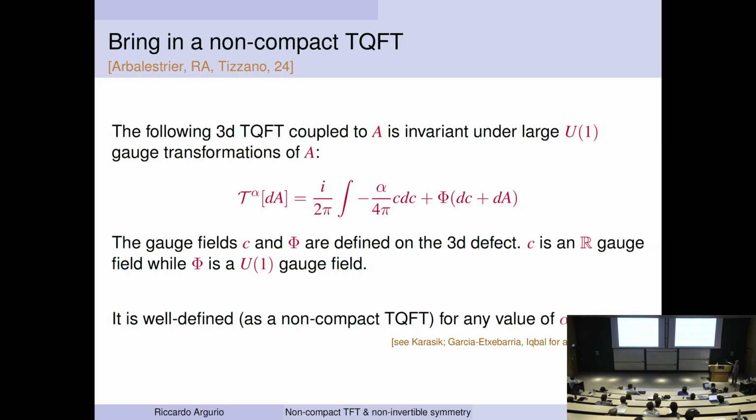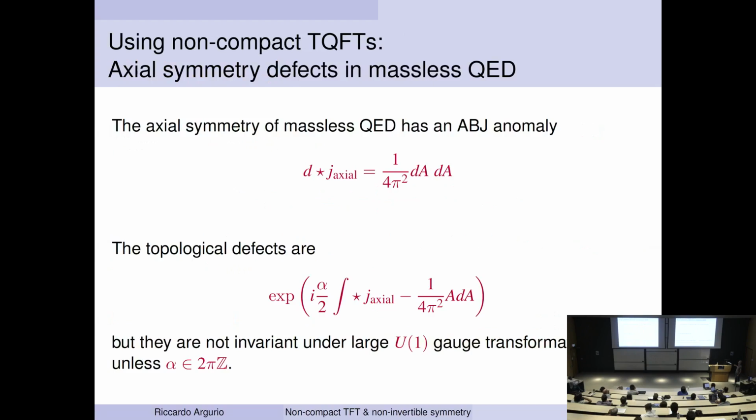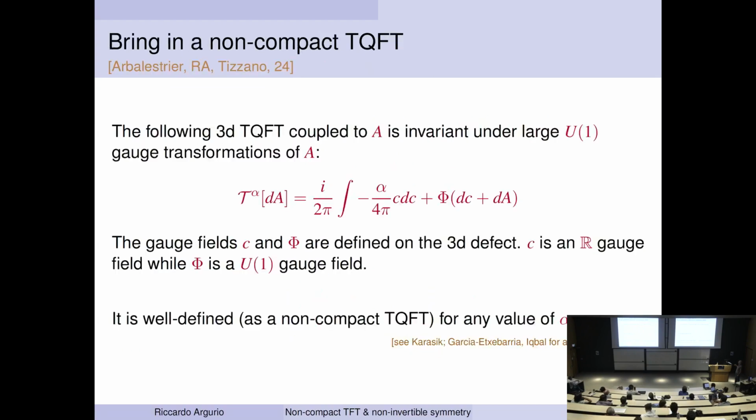So you see, C is in R, capital phi is in U1. This is a kind of mixed BF theory, but then we also have a Chern-Simons-like term here. The coefficient here is meaningful because I used the rescaling once to set the other coefficient to 1. And then you can easily see that naively integrating out C and phi, you get exactly the term I wanted here. But on the other hand, you can see that this topological field theory is perfectly well defined.